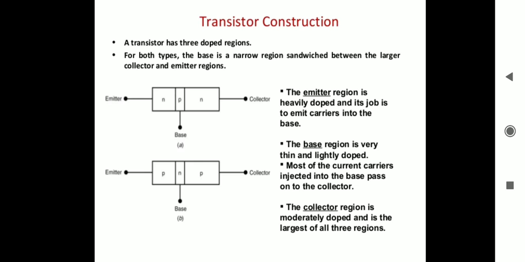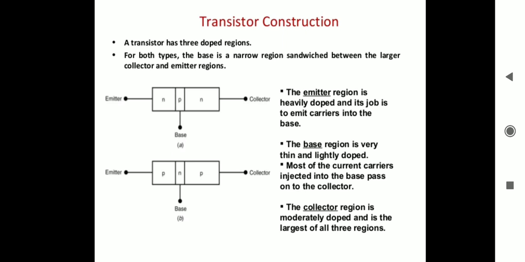The important points about the construction of a transistor are: an NPN transistor is formed by sandwiching a thin P-type semiconductor between two N-type semiconductors, whereas a PNP transistor is formed by sandwiching a thin N-type semiconductor between two P-type semiconductors.